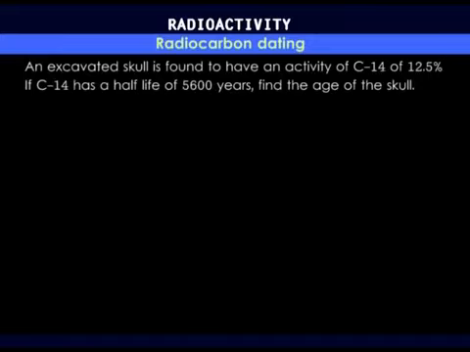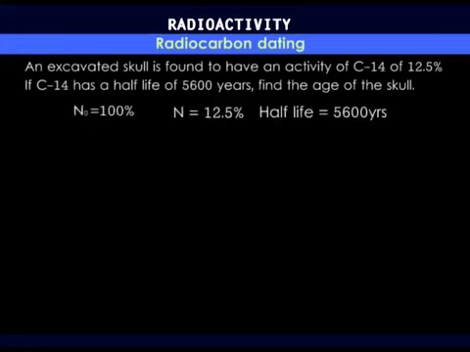This time we have our amount in percentage. Original activity or amount is equal to 100%, always. Final activity or amount is equal to 12.5% that we are given. Half-life is equal to 5,600 years.